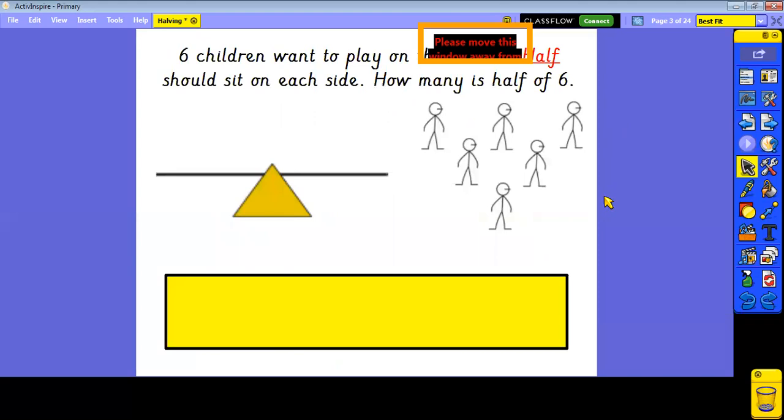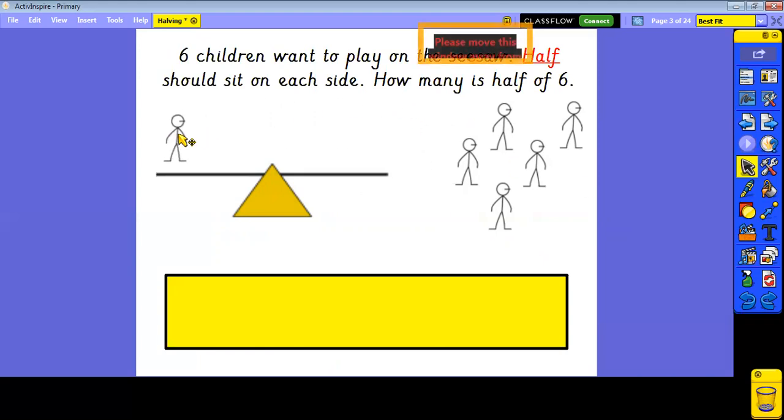So let's have a look at the context that we have here. 6 children want to play on the seesaw. Half should sit on each side. How many is half of 6? So what this means is that we're going to share the children out between the two sides of the seesaw.